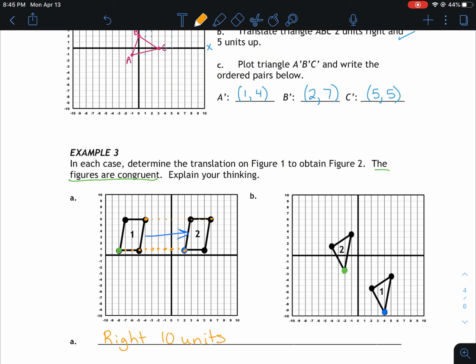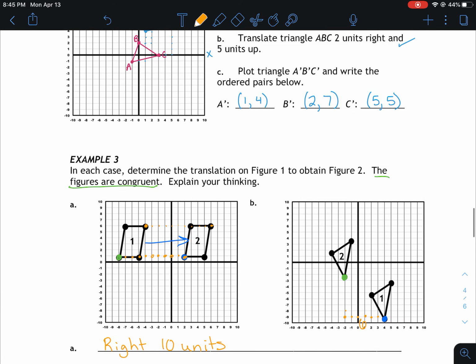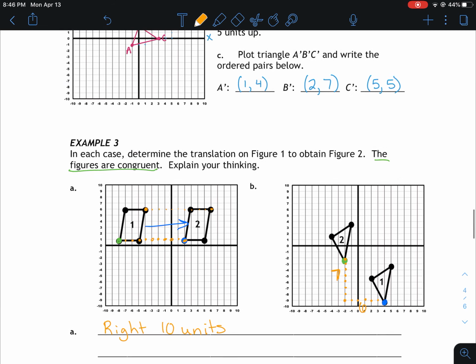So I have to start here at the blue point, and I'm going to go over to the left 1, 2, 3, 4, 5, 6. So that meant I went 6 to the left, and then I have to count how many to go up. 1, 2, 3, 4, 5, 6, 7. So we went up 7.